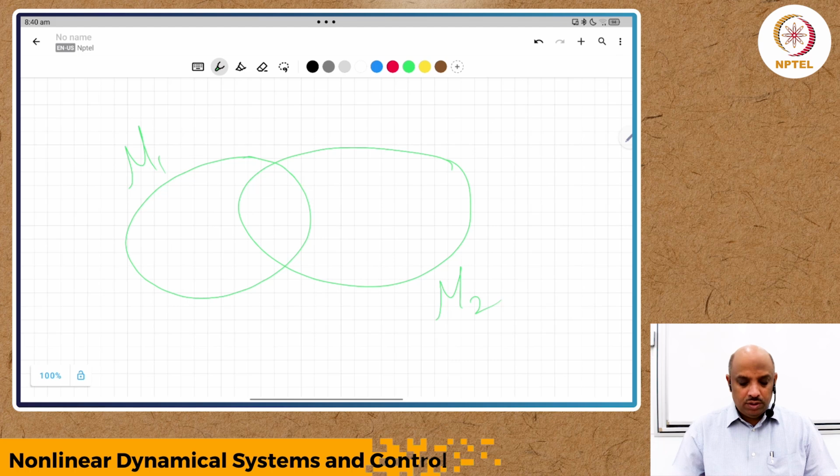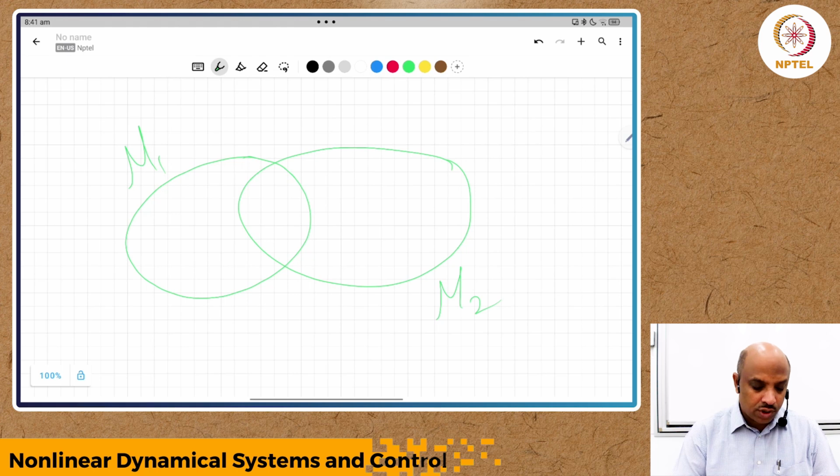It's a fairly trivial thing to say: if it starts in the union, then it remains in the union, obviously. If it starts in M1, it remains in M1, and M1 is part of the union, and therefore any point in the union remains in this set. So the union of two invariant sets is indeed invariant.